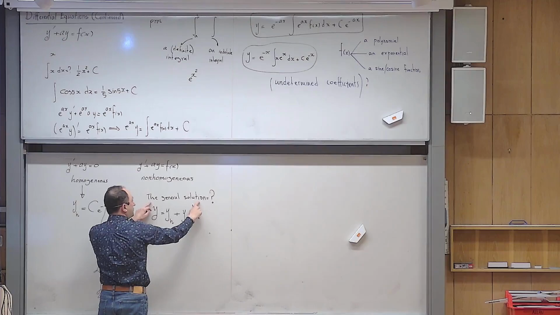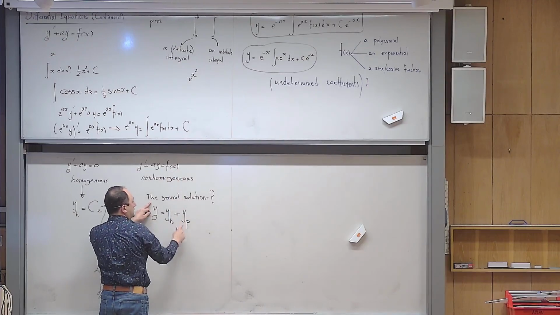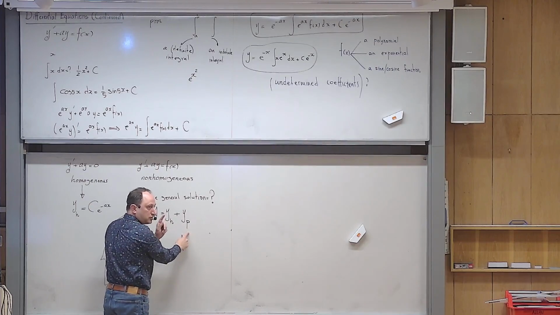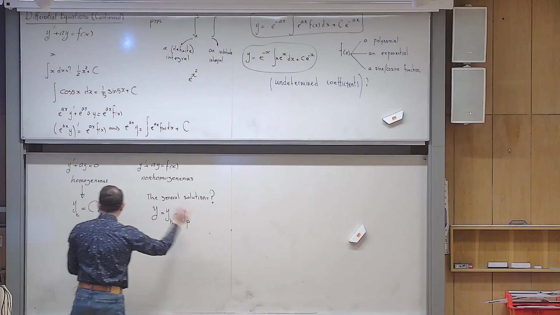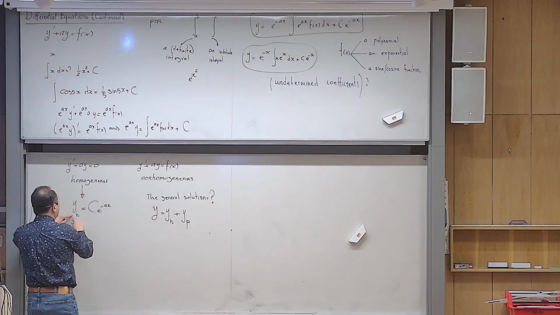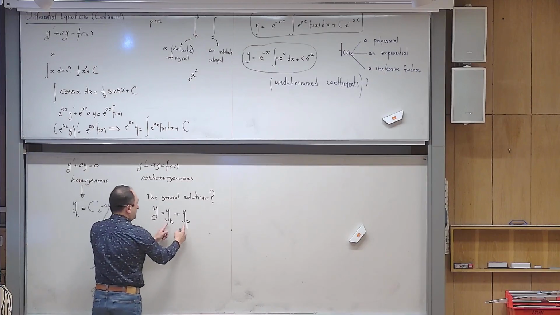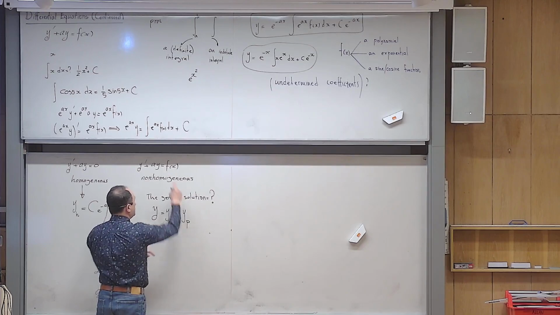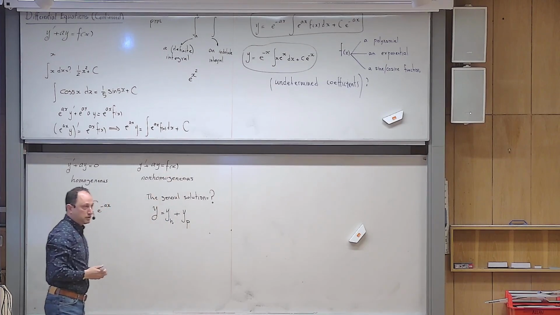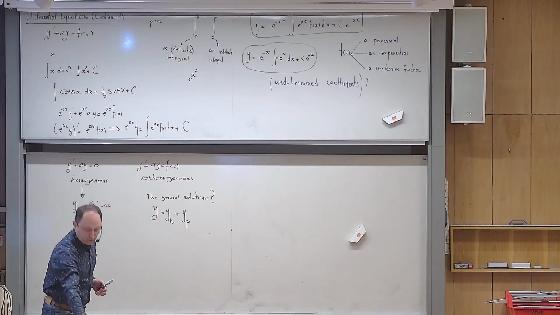To find the general solution of this, you don't need to solve this in full generality, you just need to find a particular solution. Whatever that particular solution is, you add it to the general solution of the homogeneous part, and it becomes a solution. My claim is that what you get is the general solution of this differential equation that you want. So let me write, what is this?